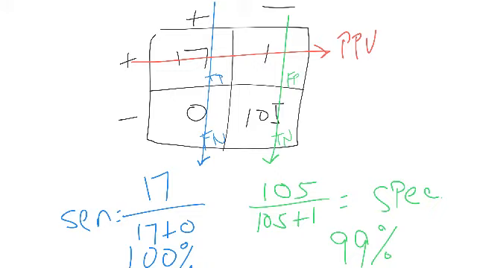And it's true over everything. So what's true in that row? 17 over 17 plus 1. And that's going to be what? 94%.